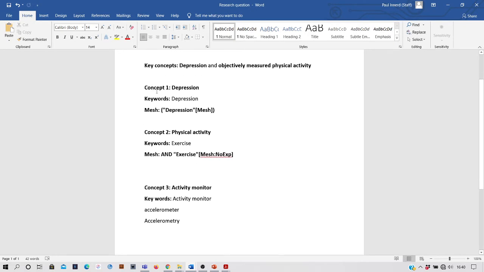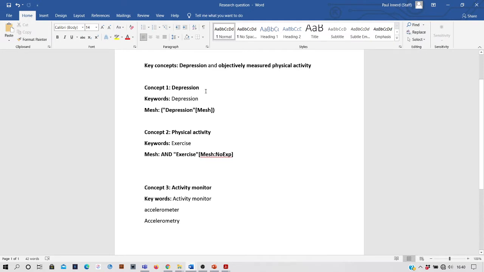So concept 1 would be depression, concept 2 physical activity, and concept 3 the way that physical activity is measured. Just write down as many keywords as possible that studies have used to describe, in this case, depression, physical activity, and so on.